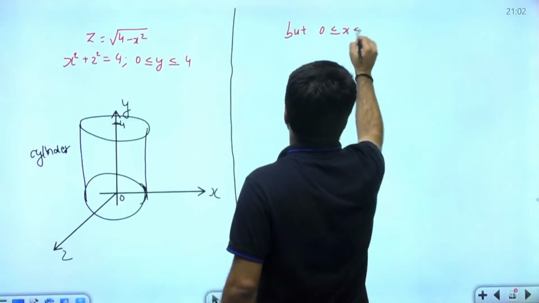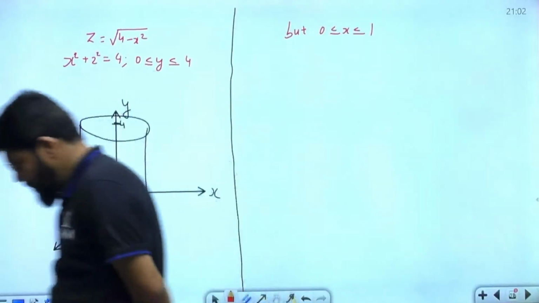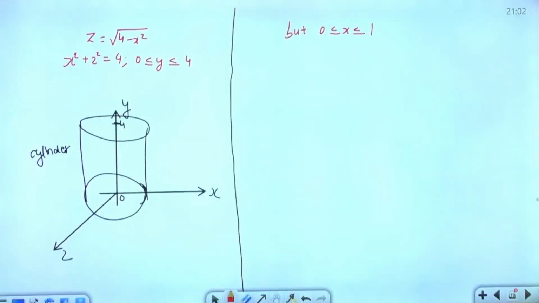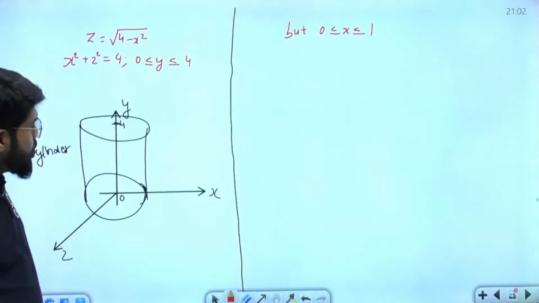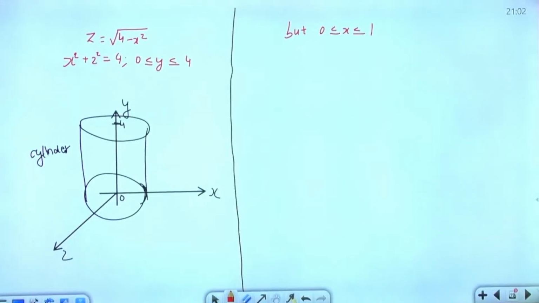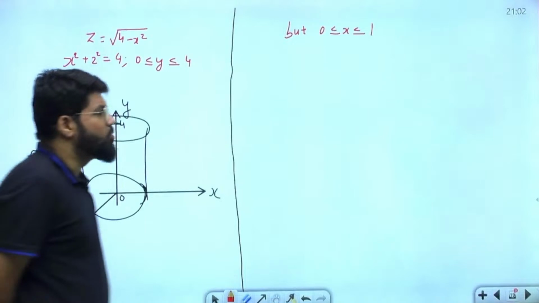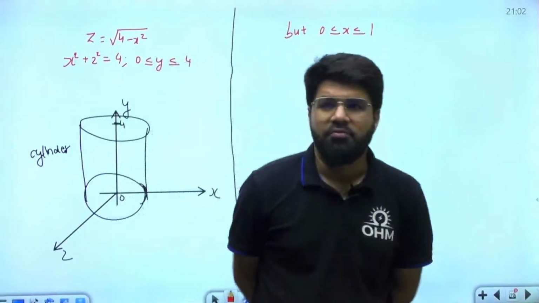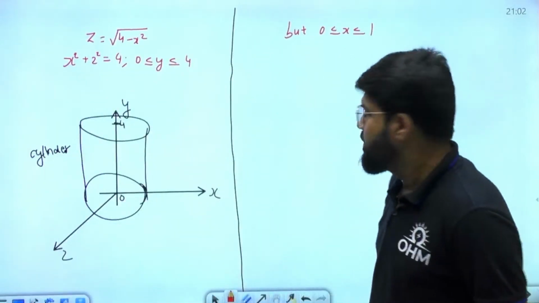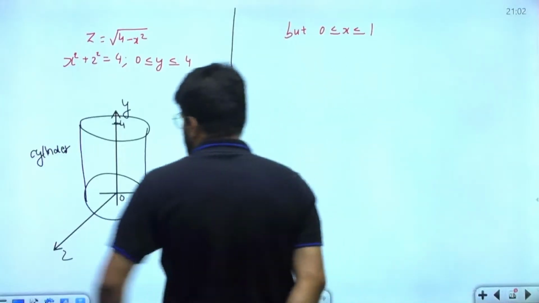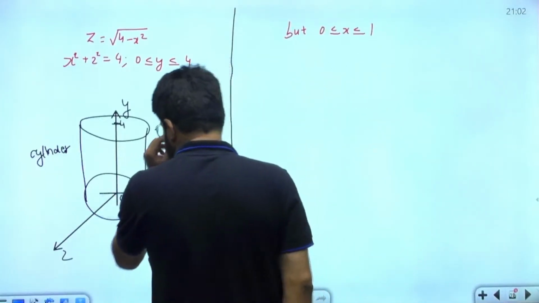But now, x is 0 to 1. The x is only 0 to 1. That is the constraint. So how to tackle the problem for x equal to 0 to 1? X was supposed to be entire, and that too it's a curved surface.